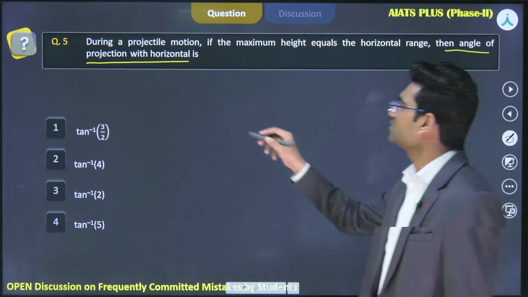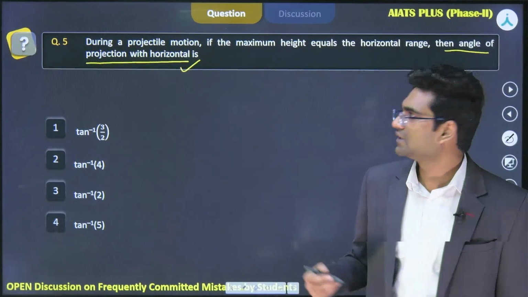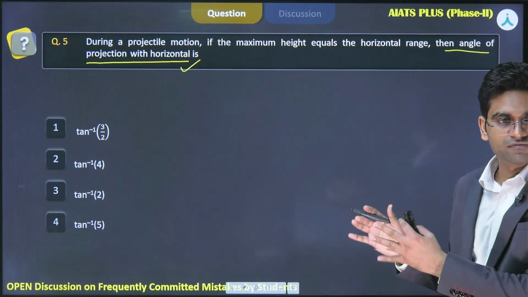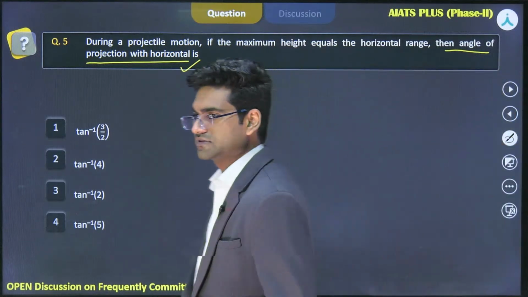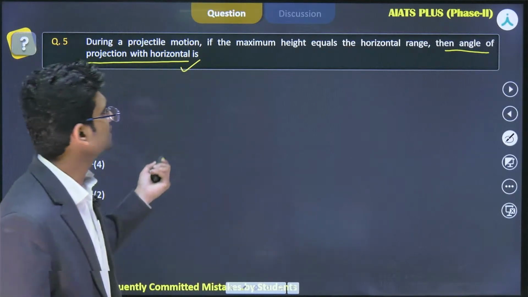So whenever this kind of question is asked, always carefully observe from where the direction has been asked. Here the direction has been asked from the horizontal direction only, or with the x-axis only.